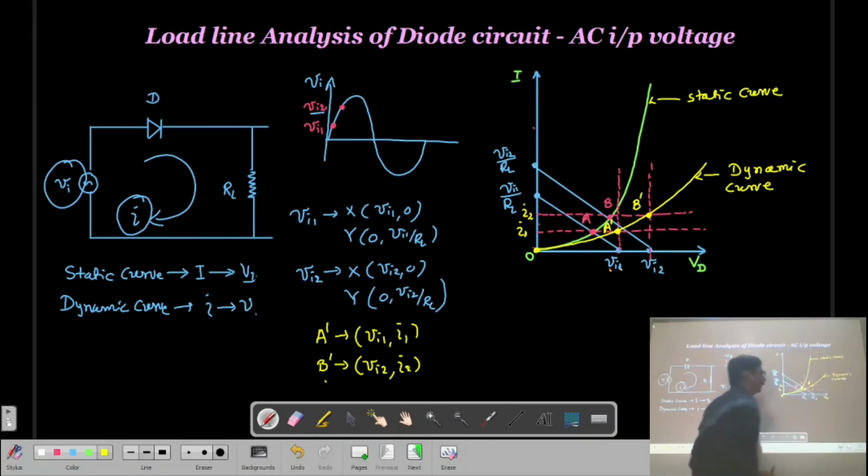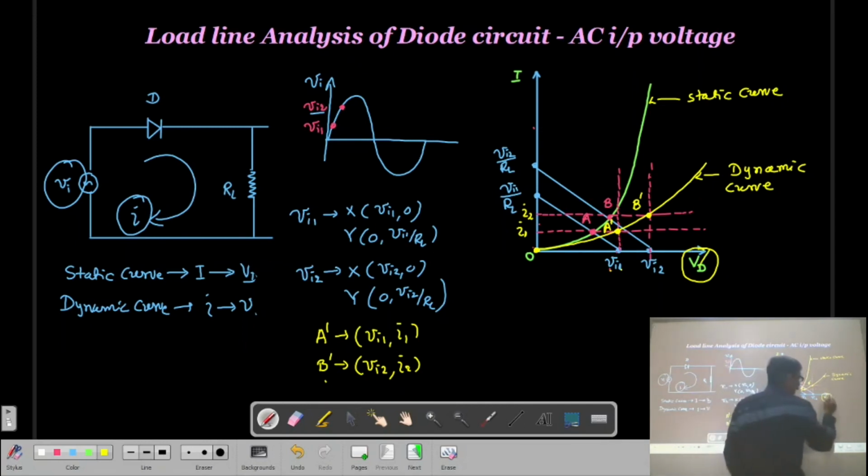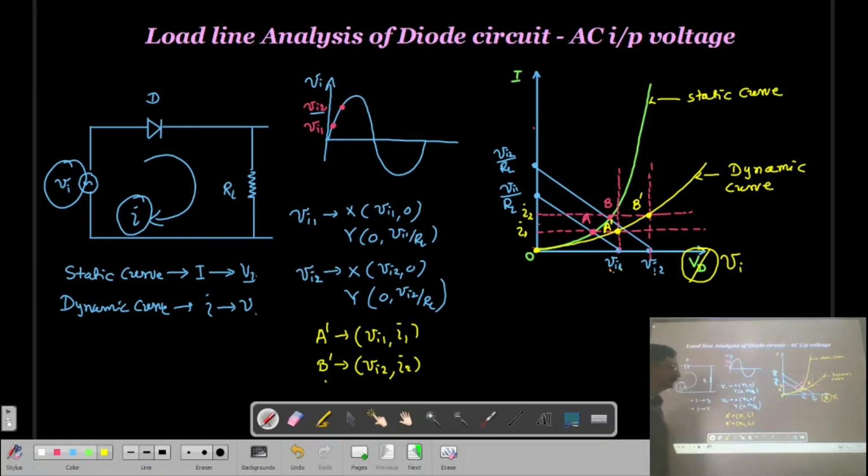Why is it a dynamic curve? Remember, for the dynamic curve, this axis is not VD. This axis is replaced with VI, because here we have different input voltages and the coordinates are VI1, VI2.